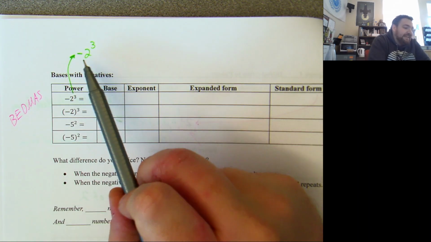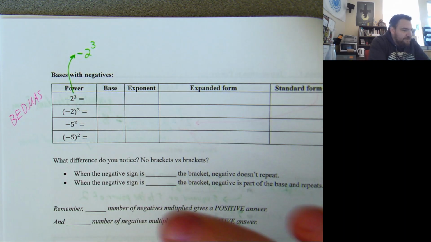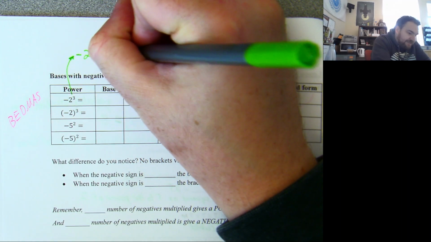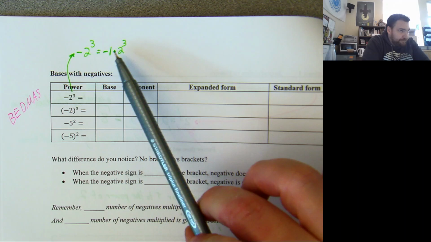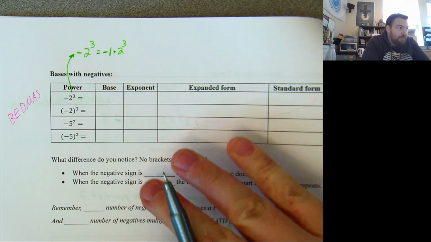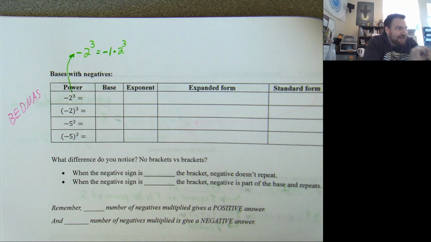So when you have something like this, if I have -2 cubed and it's written like this, what this actually means is I have -1 times 2 cubed. That is what this means. That's -1 times 2 cubed.